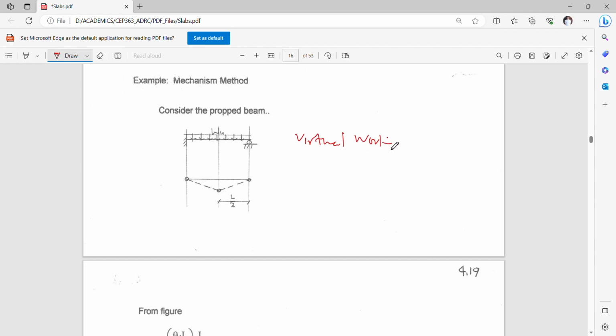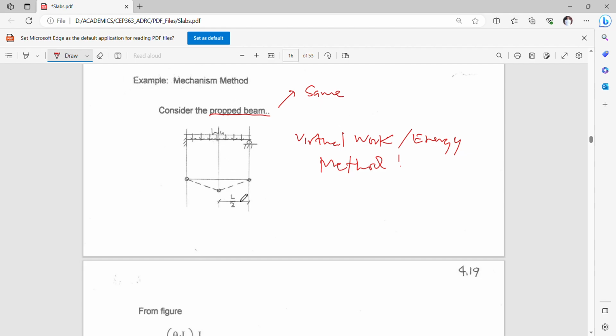So if you do the virtual or energy method, still remember the basic theorem regarding this. You take note that if you load a propped beam, the same propped beam, okay, so this is the same beam that we're talking about a while ago.